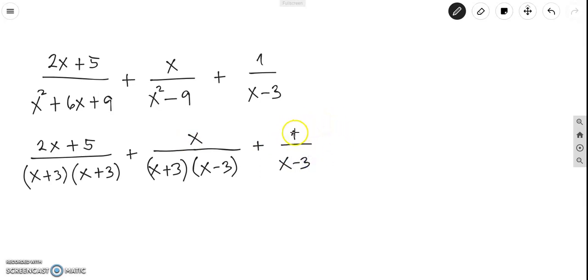So the common denominator now is x plus 3 squared and x minus 3. Because we have two factors of x plus 3 in the first term, we write x plus 3 squared. So your common denominator, the LCD, is equal to x plus 3 squared and x minus 3.